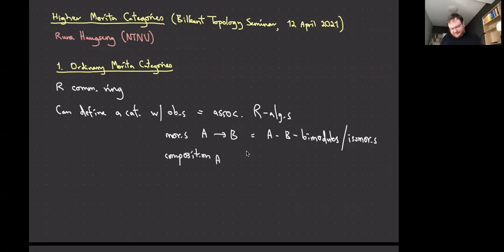So if I have M an AB bimodule and N a BC bimodule, I'd like the composition to be given by the relative tensor product over B of M and N. And in order to be strictly associative, we have to take this quotient by isomorphisms, since it's only associative up to isomorphism. And then the identity of an object A will be A viewed as an AA bimodule.